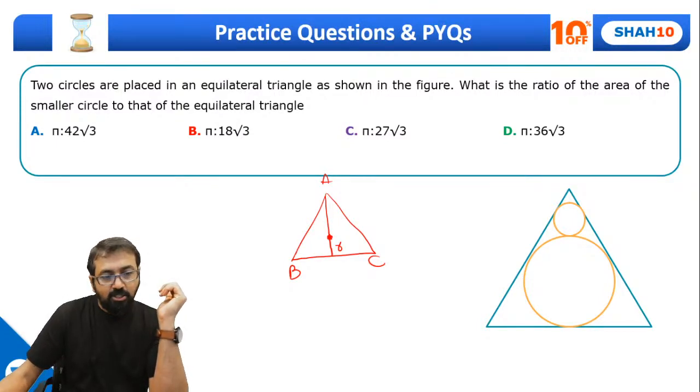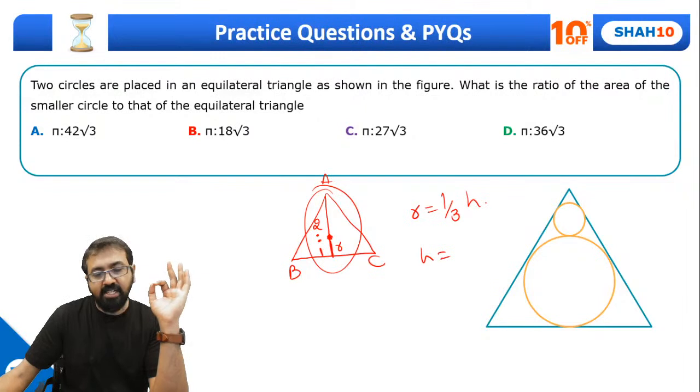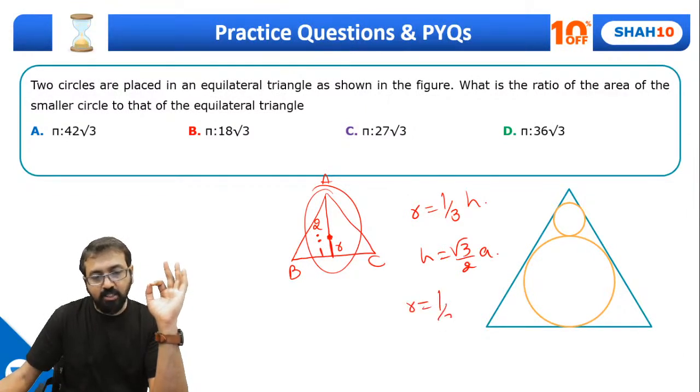Fine. Now please understand, centroid divides the median in the ratio 2:1. So this r is nothing but 1/3 of the complete height. That's why I said r is equal to 1/3 height. And if height is √3/2 times side, then r will be 1/3 of √3/2 times side.